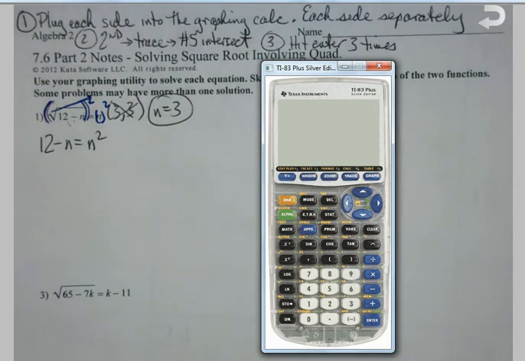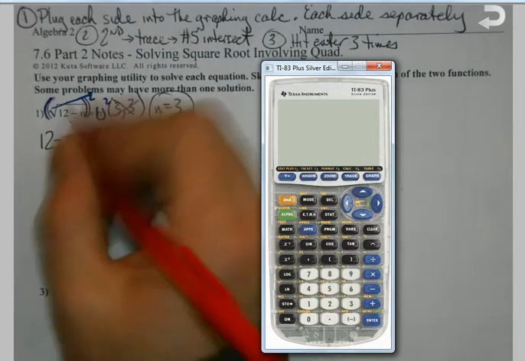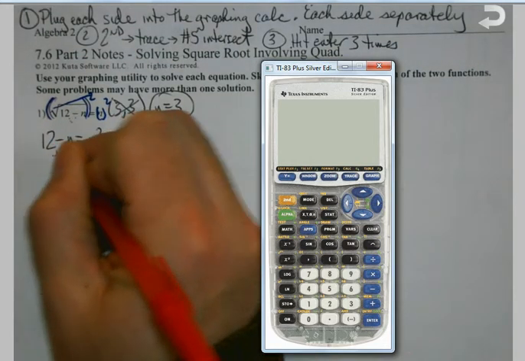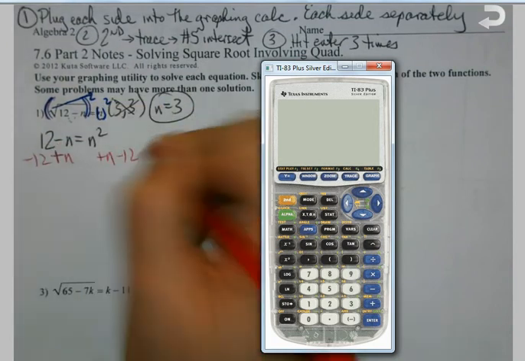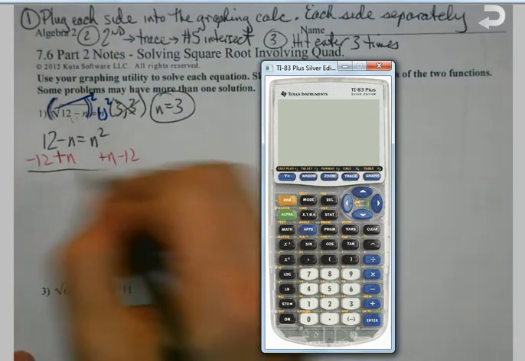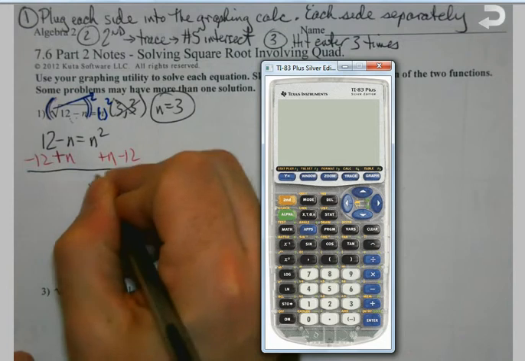We've talked before about how when we have something that has n squared for a quadratic, that's where the party's at. Everybody wants to hang out with n squared. So all you would do here is move this n and this 12 to the other side of my equation.